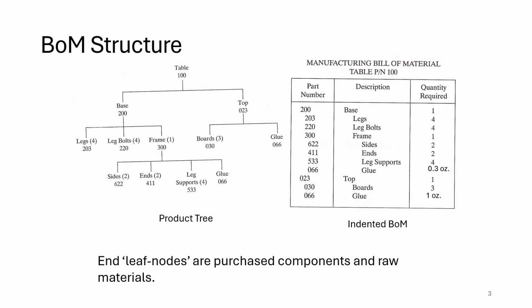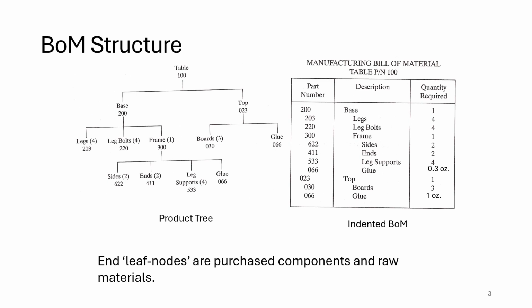So consider the product tree BOM over here on the left. If you look at this BOM, we are building a BOM for a table. And the table has two subassemblies, the base and the top. The base, in turn, is a subassembly made up of three different components, the legs, the leg bolts, and the frame.